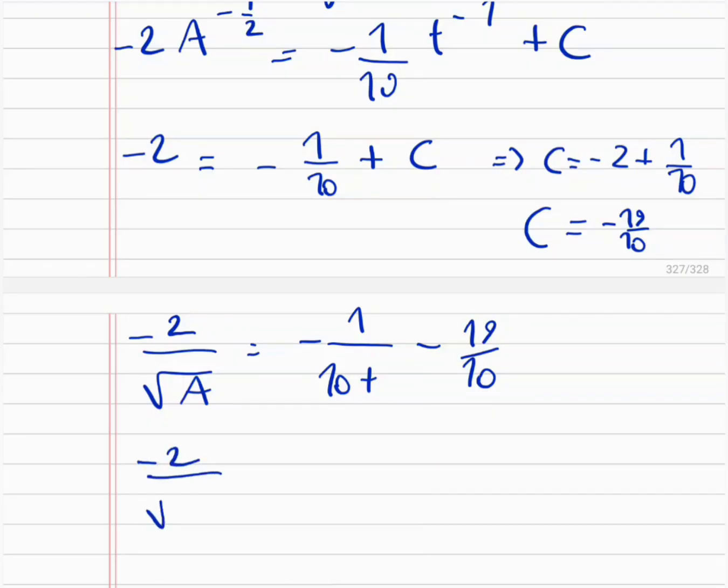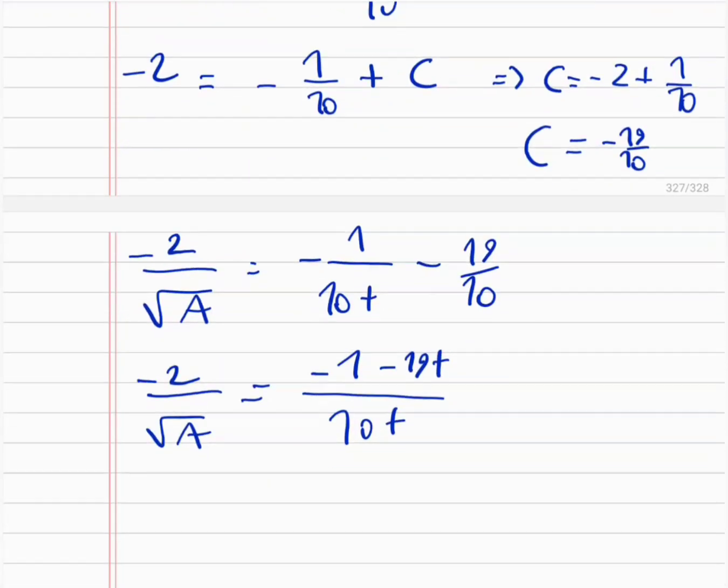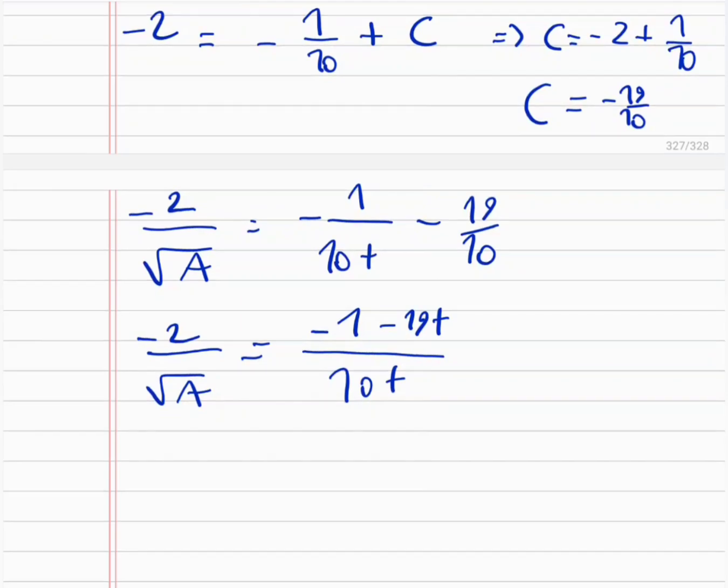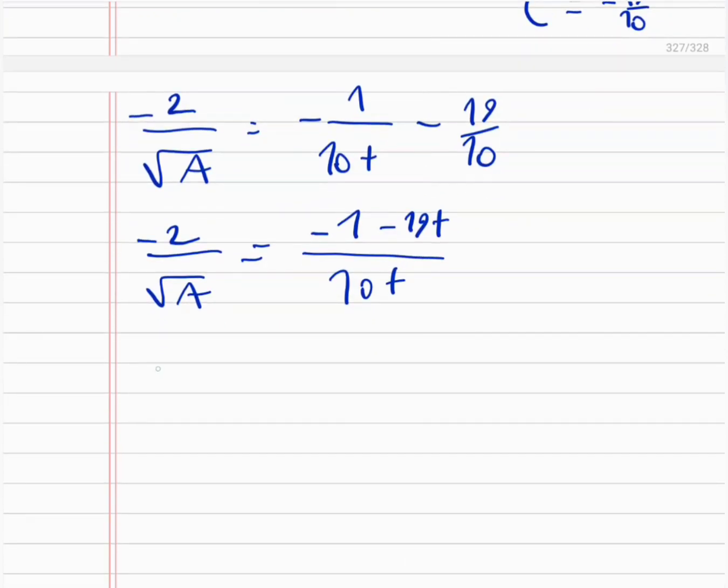So minus 2 over root A is equal to, so we can take the denominator of 10t, and then we'll have minus 1 minus 19t. But if we multiply both sides by negative 1, everything changes to positive, so it just becomes positive for every term. And now we want to make A the subject, so we can multiply both sides by root A.